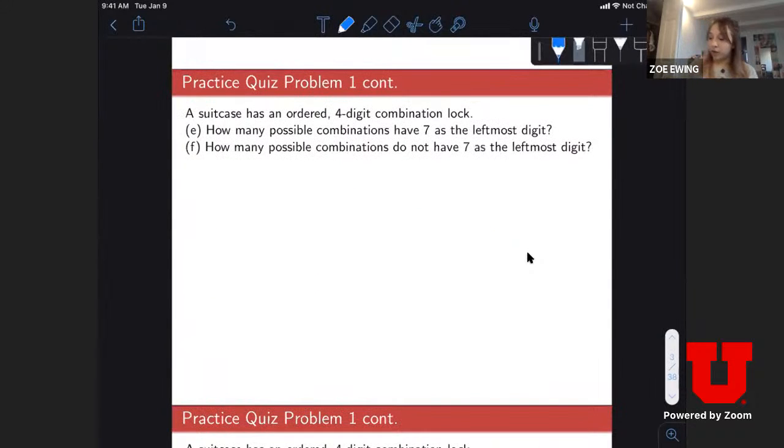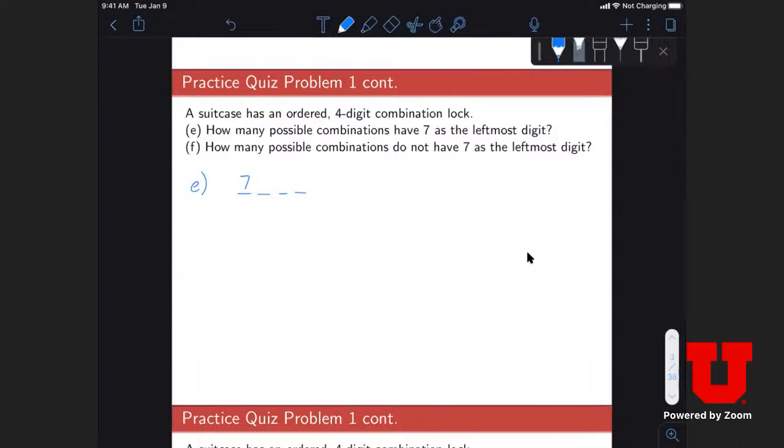All right. So now we want to figure out how many possible combinations have 7 as the leftmost digit. So we have 4 blanks, and we pick 7, and now we still have 3 more blanks to fill. So how are we going to fill those blanks? Do the 3 ways. Yeah.